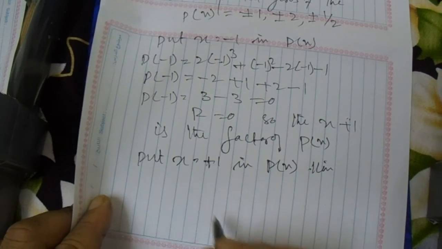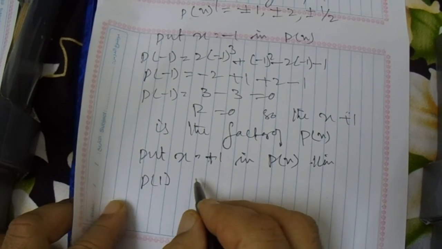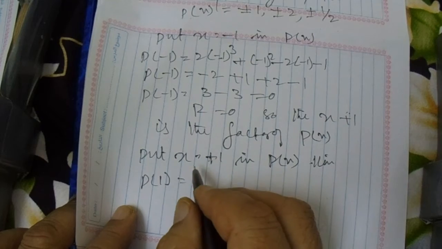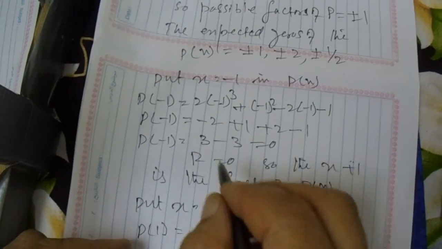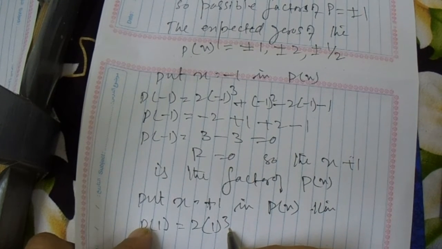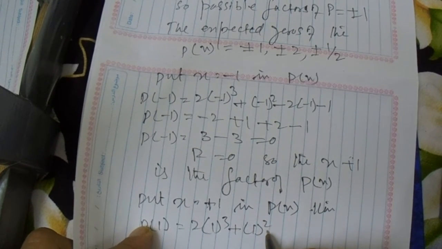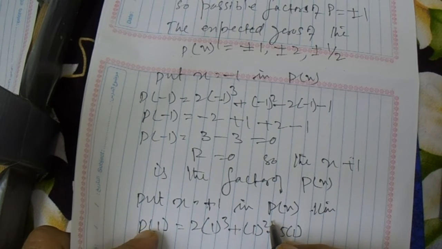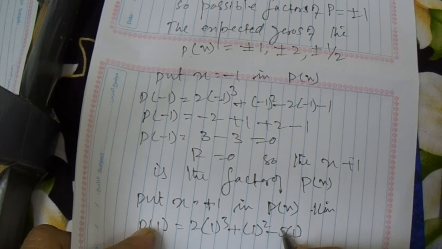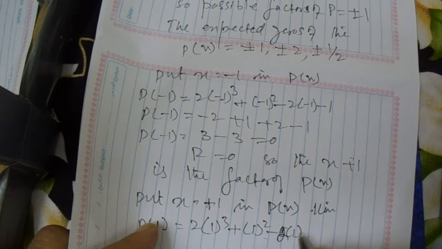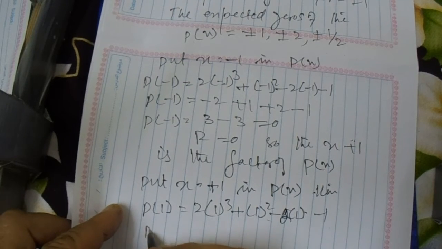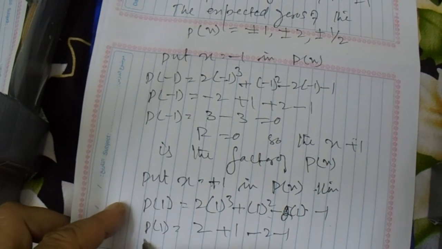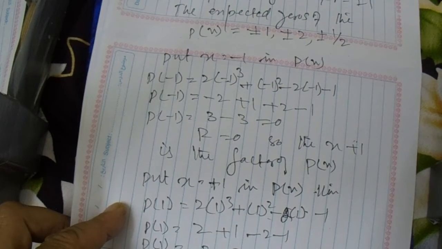Then P(1) = 2(1)³ + (1)² − 2(1) − 1. Again P(1) = 2 + 1 − 2 − 1, and P(1) = 3 − 3 = 0.